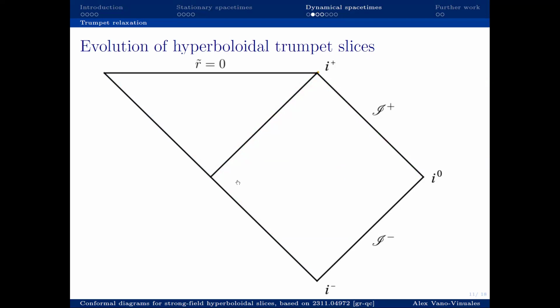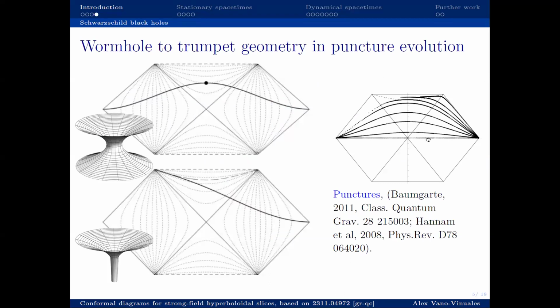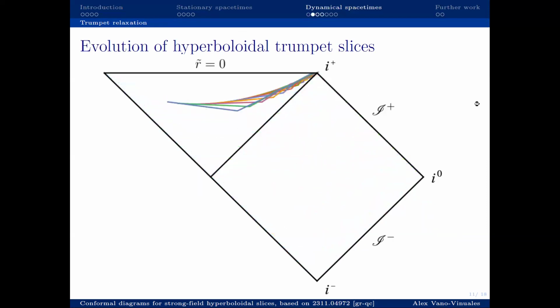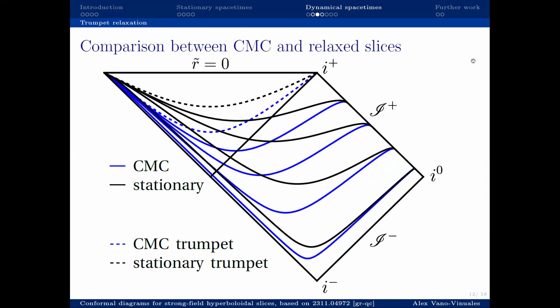This is exactly the same effect that we saw before in this diagram from this paper by Baumgarte. So the dots have been moved out of the domain, and this is the same thing we're seeing right here. For me, the relevant thing about this diagram was not only to see how they evolved in time, but also the fact that the initial constant mean curvature slices, depicted in blue here, after some point, due to the choice of gauge conditions, are no longer constant mean curvature.